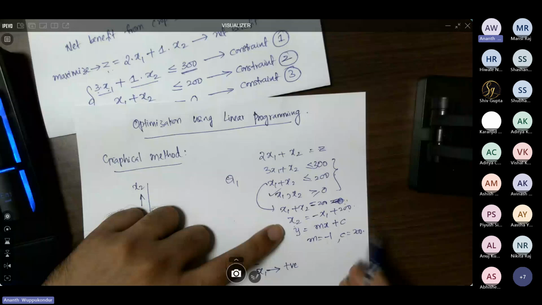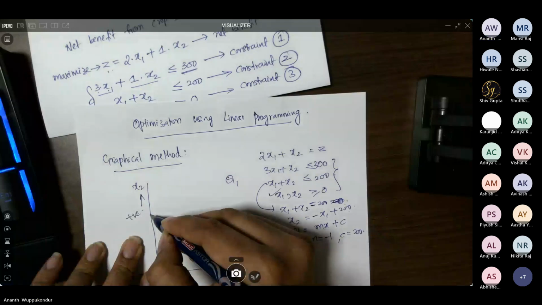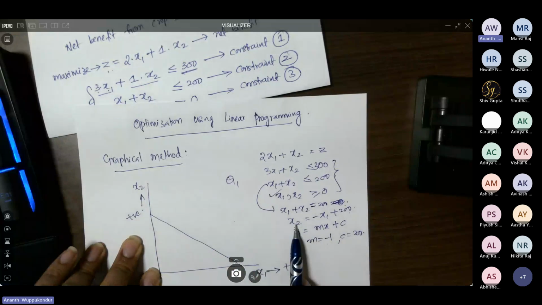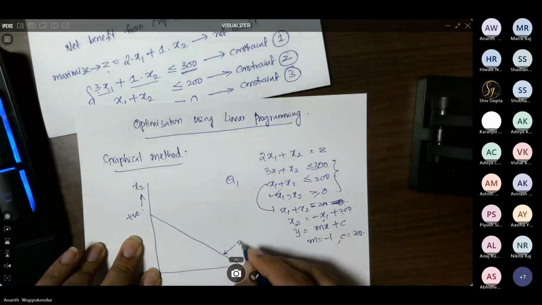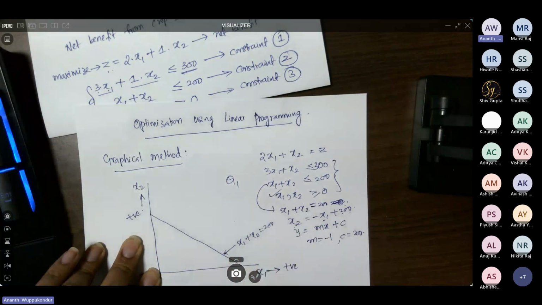So we are going to plot that on the graph. Let us say this is the line x2 equals minus x1 plus 200. We know the intercept and we know the slope, so we can plot that line.